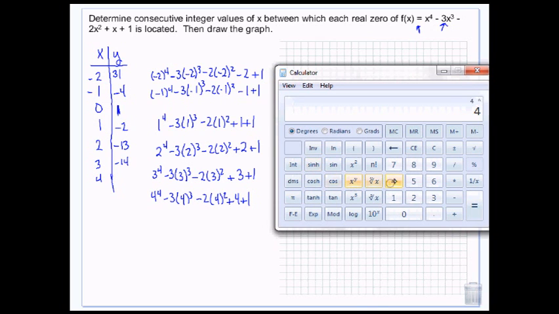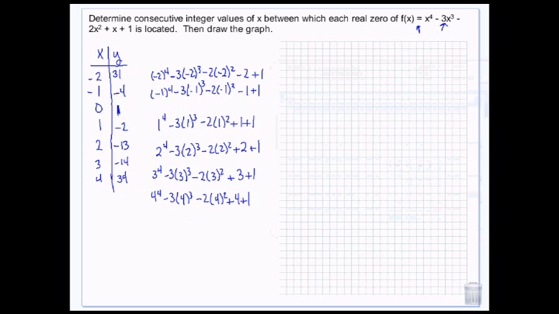What's the fourth? So that's 256. And then I have 16, so minus 32 plus 4 plus 1. So that's 37, so I'm positive now.